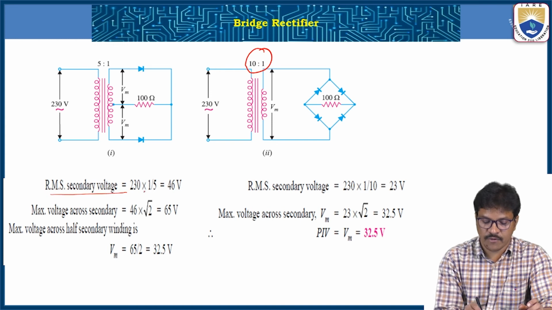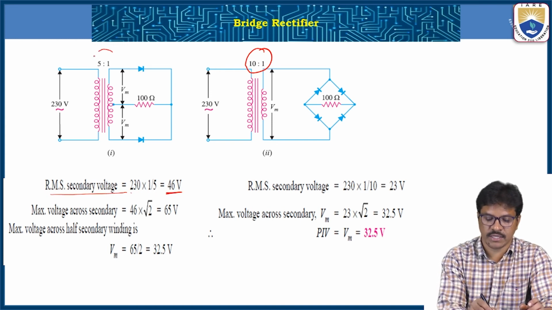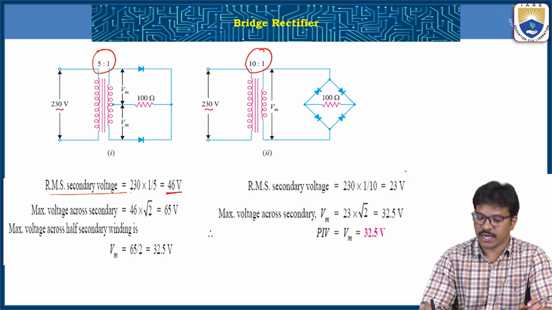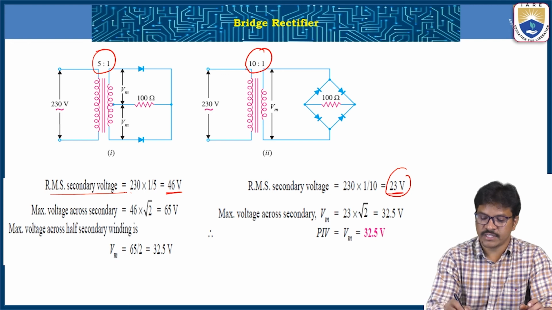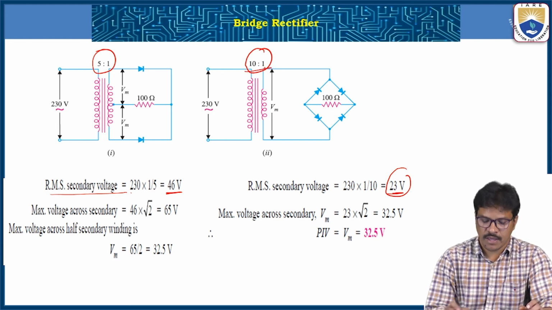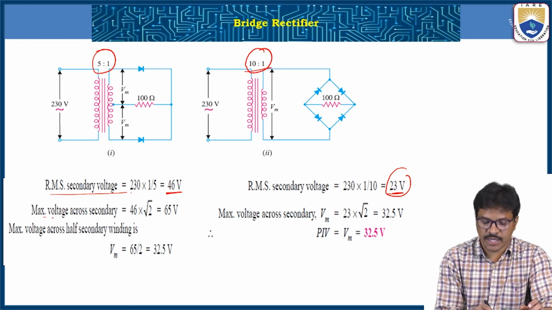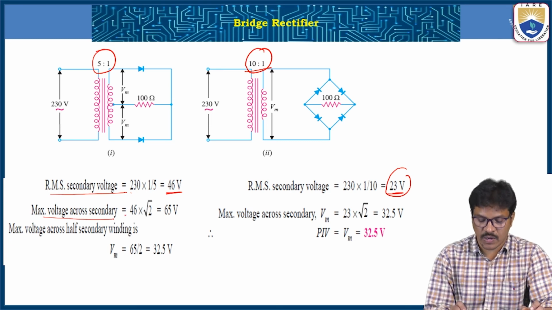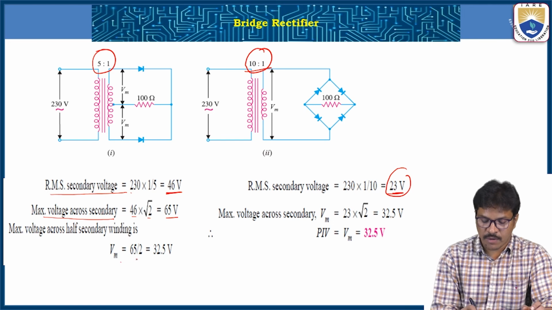The RMS secondary voltage is 230 into 1 by 5, which is 46 volts, for this transfer ratio. And the secondary coil RMS voltage is 23 for the transfer ratio 10:1. Then what is the maximum voltage across the secondary coil? 46 into root 2 is 65, and divided by 2, you will get 32.5 for the maximum voltage.